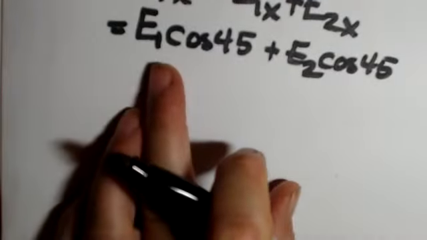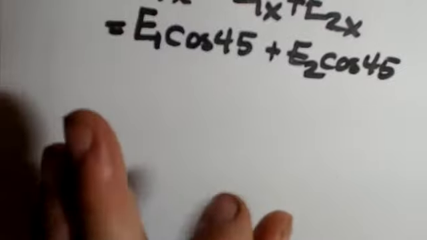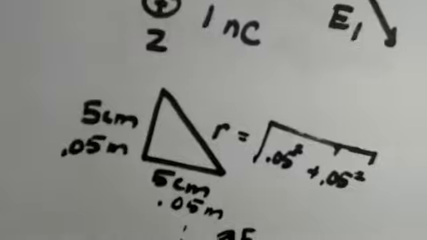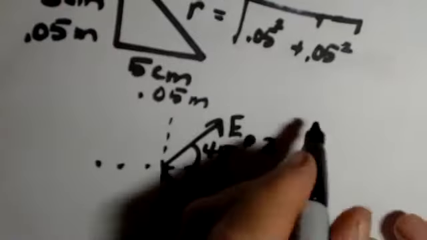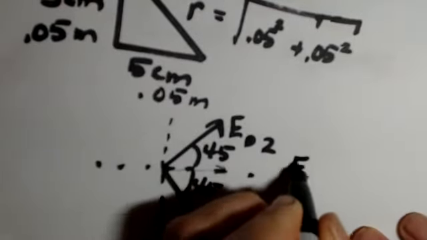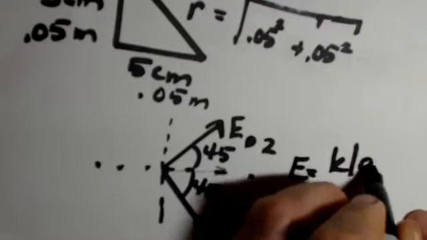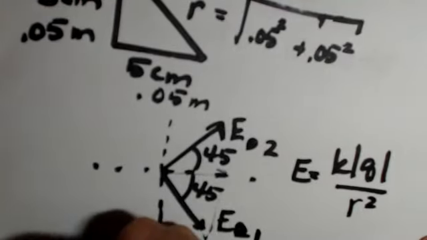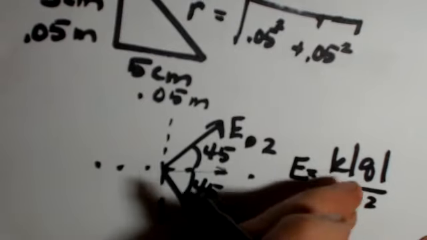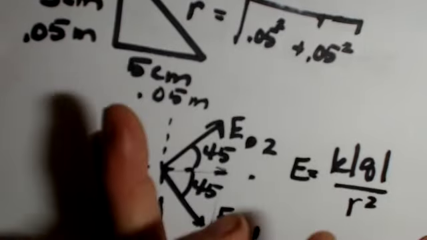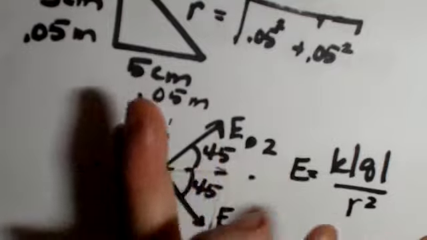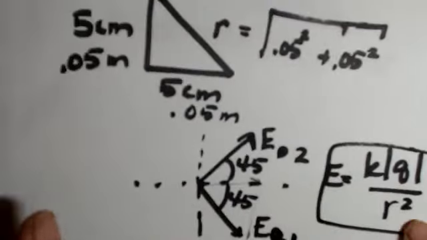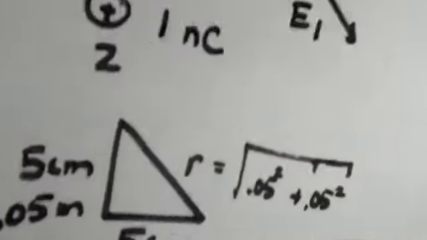Now, I have to remember what the formula for the electric field of a point charge is. That's given in your notes, okay? The electric field of a point charge, remember, is K, magnitude of Q, the source charge, over R squared. So it looks a lot like the Coulomb's force equation, but the test charge has canceled out. Okay, the test charge has gone away. So this is the electric field of a point charge. That's what I'm going to put in my equation.